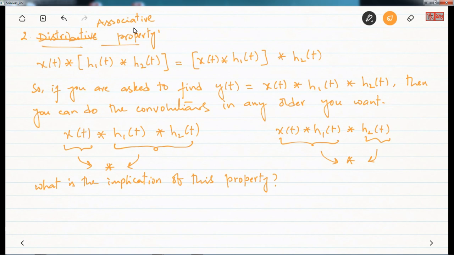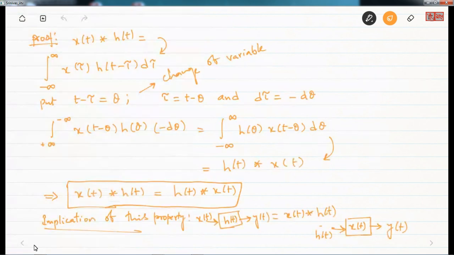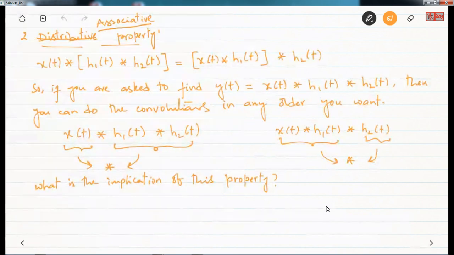This is not the distributive property. Simply change the title. This is the associative property. The previous property we did was the commutative property. Some of you following the class carefully must have got this doubt that it is not distributive but associative. Anyway, this is the associative property.